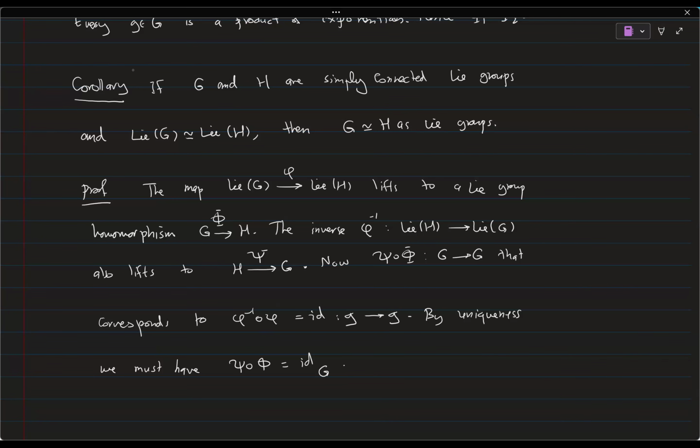So by uniqueness, this psi composed with phi should be the identity map.